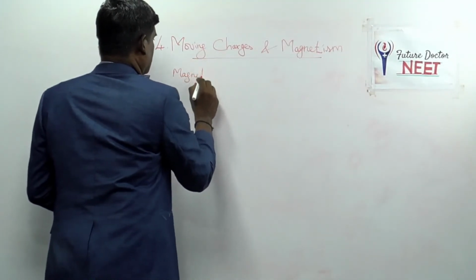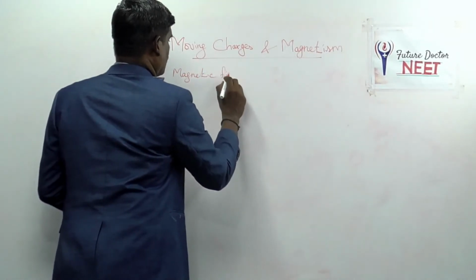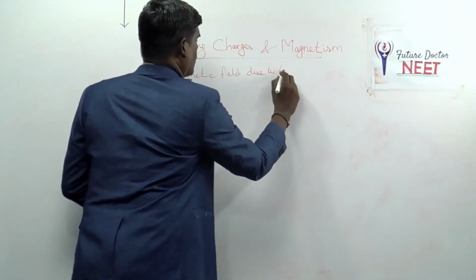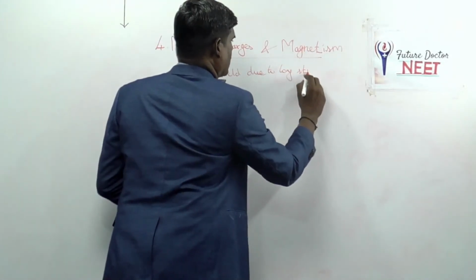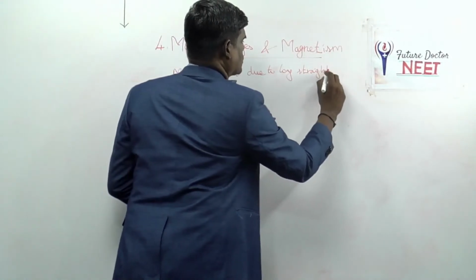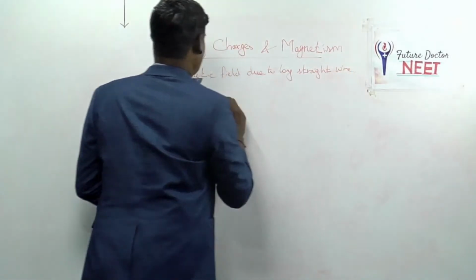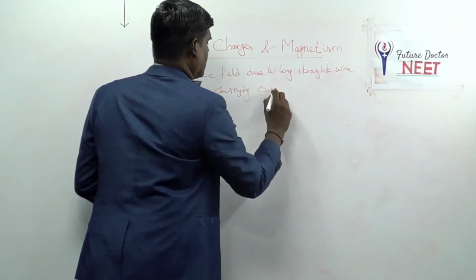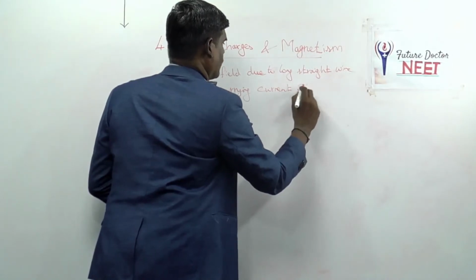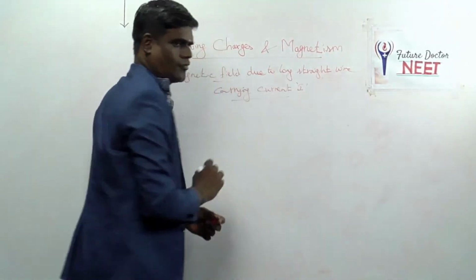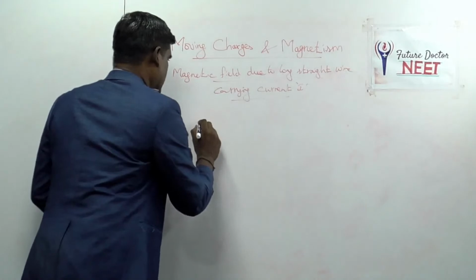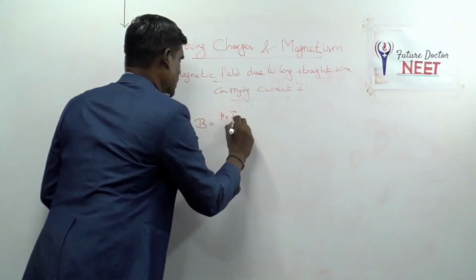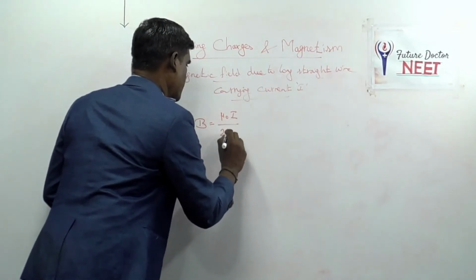Next topic. Magnetic field due to a long straight wire carrying current I. That is B equal to mu naught I by 2 pi a.